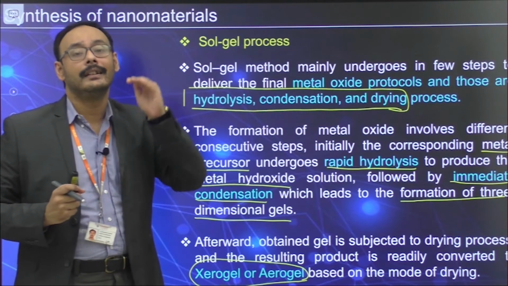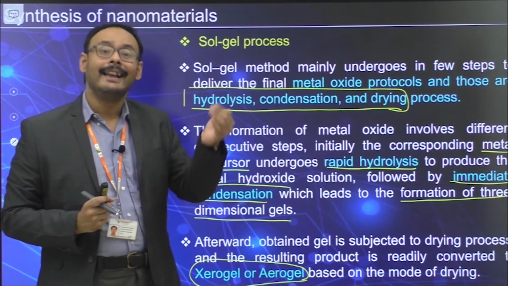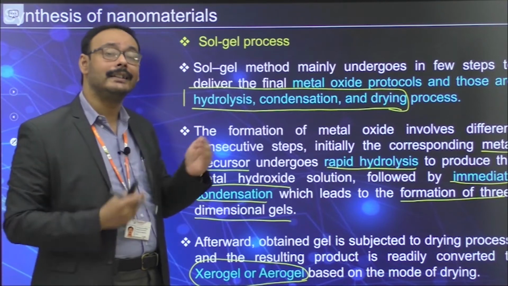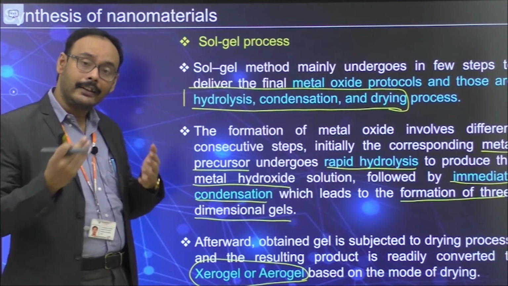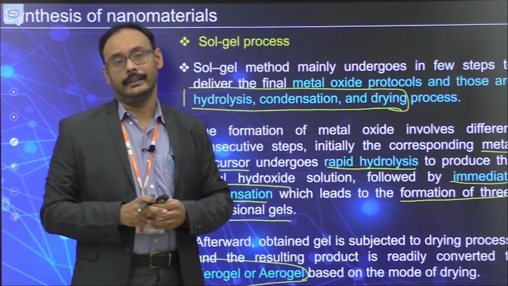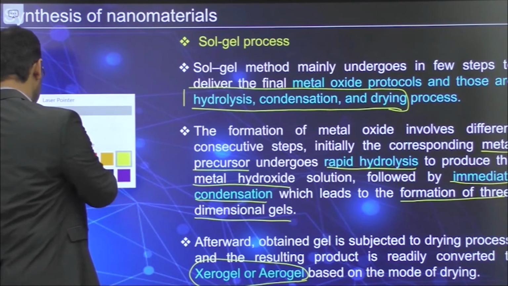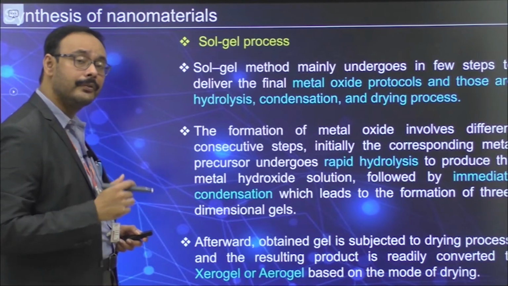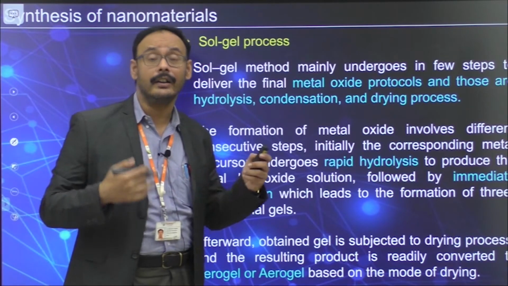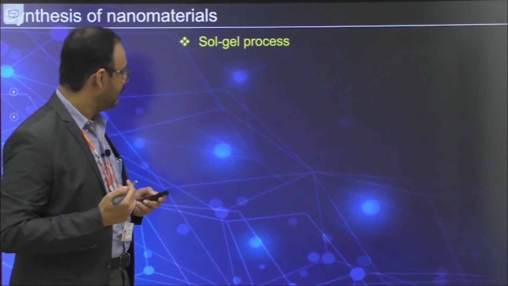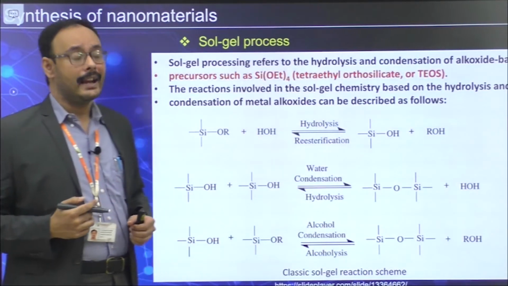Sol is converted to gel, and then that gel, depending on the drying procedure, will form xerogel or aerogel. So that's the whole idea behind the sol gel process. Now as I said, it will be easier for us to understand in terms of picture or in terms of reaction. Let's try in terms of reactions.